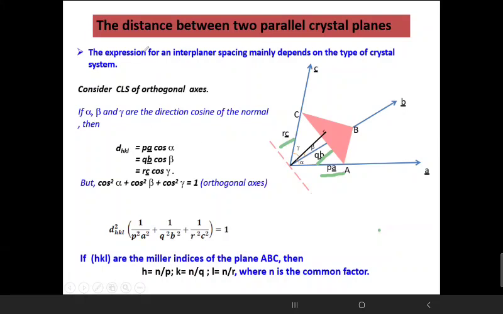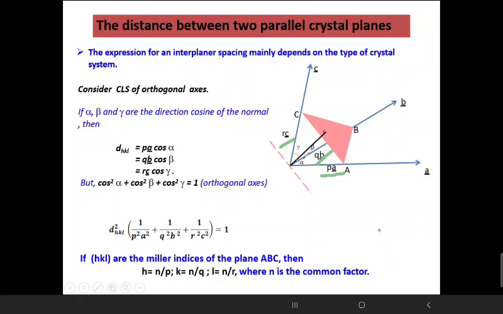So we will consider the expression for interplanar spacing, which mainly depends on the type of crystal system. The type of crystal system means we studied so many types of systems, I think 7 Bravais crystal systems. So consider a crystal lattice space of orthogonal axes. Orthogonal axes means here these A, B, C are orthogonal axes.